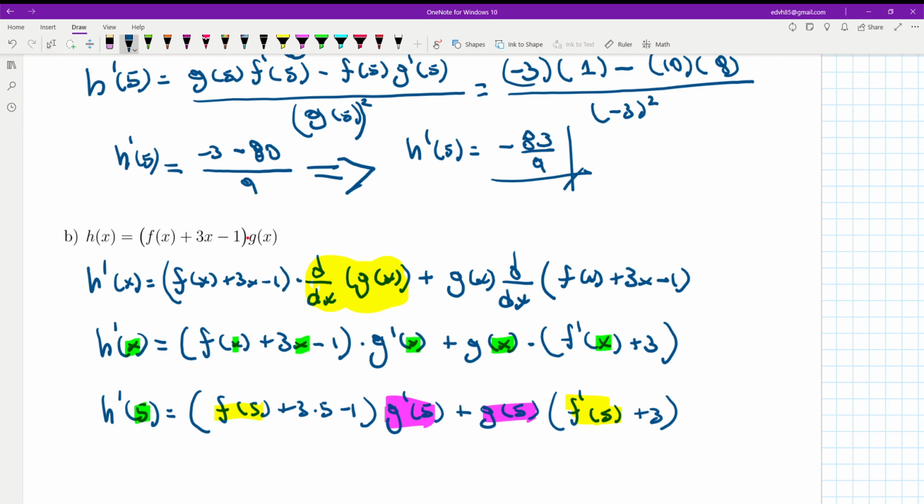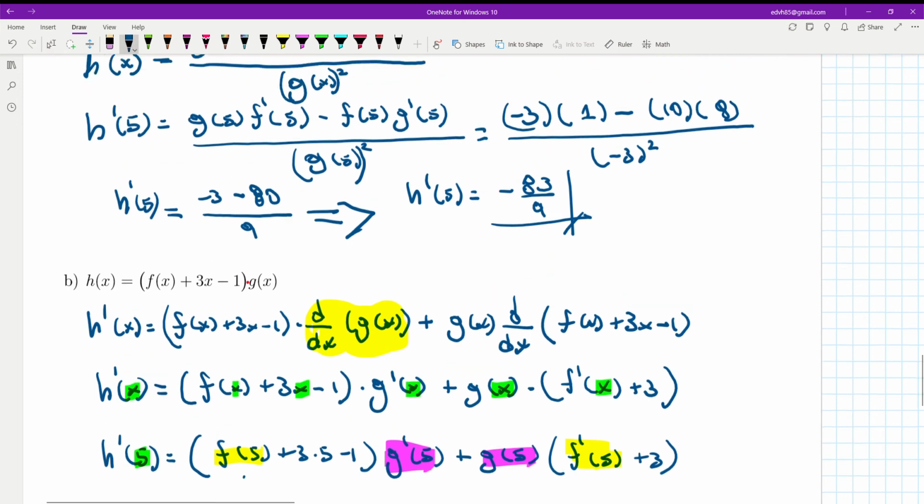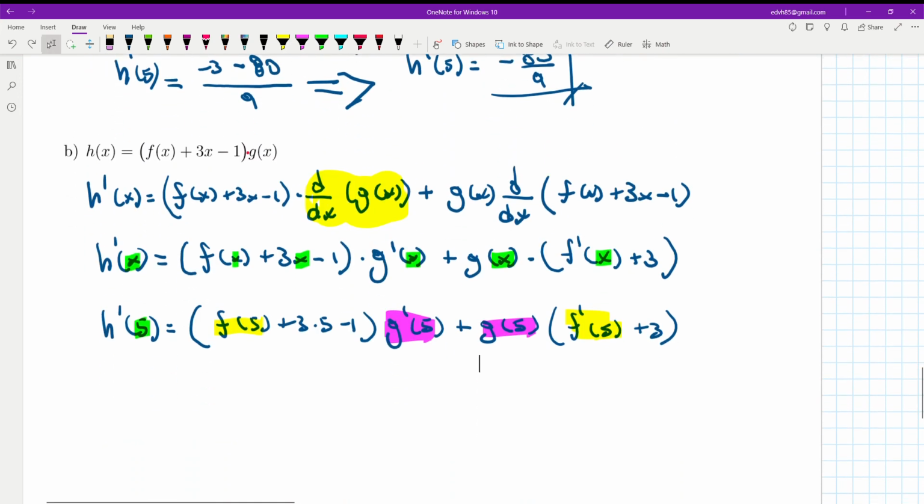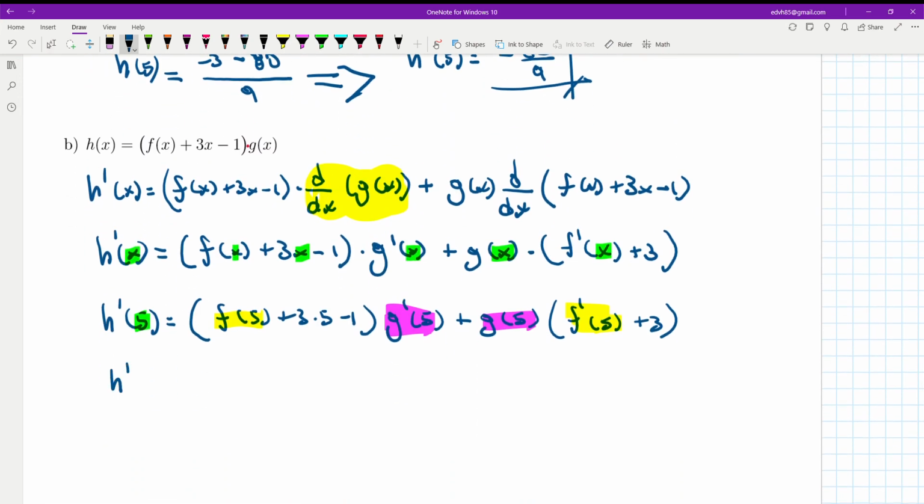What is f of 5? F of 5 is 10, plus 3 times 5, which is 15, minus 1. Okay, let's put arrows to indicate what we are getting here.